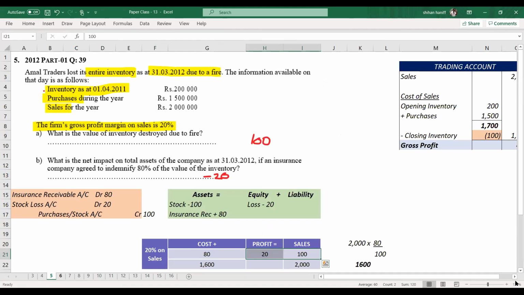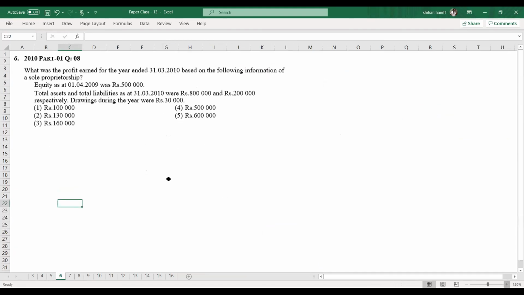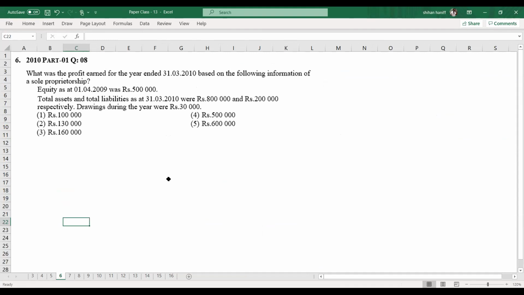Question number 6. What was the profit earned for the year ended 31st March 2010 based on the following information of a sole proprietorship? Equity, total assets and total liabilities. Now here we use the net asset equation for profit calculation.